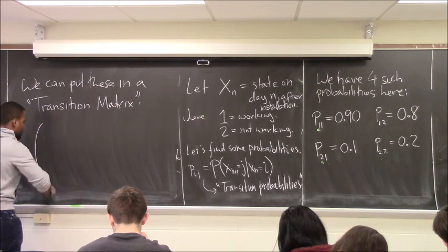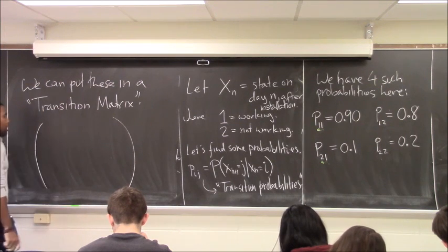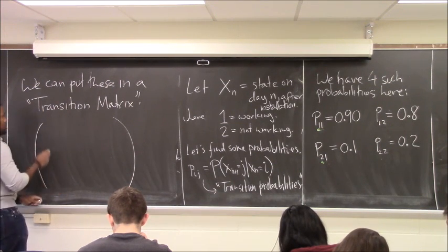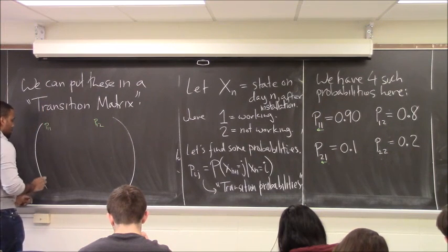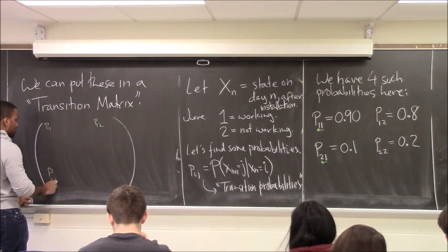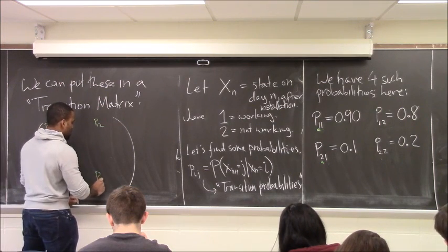So, in this matrix, the locations are going to be first row, first column; first row, second column; second row, first column; second row, second column.